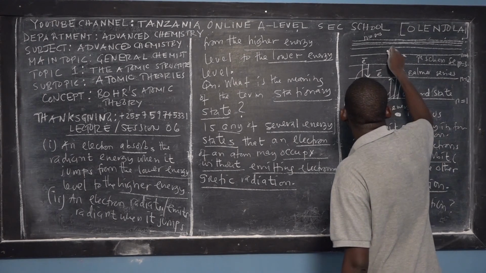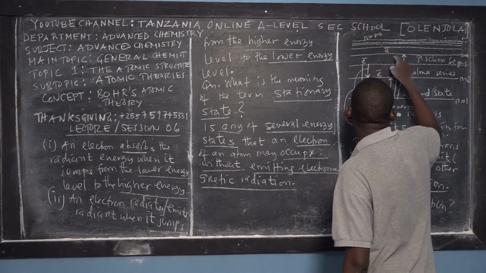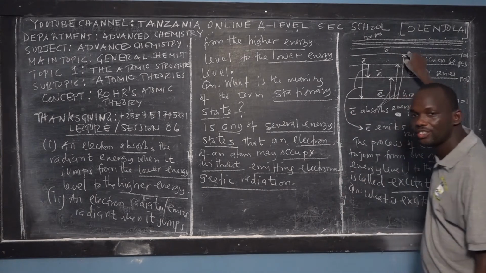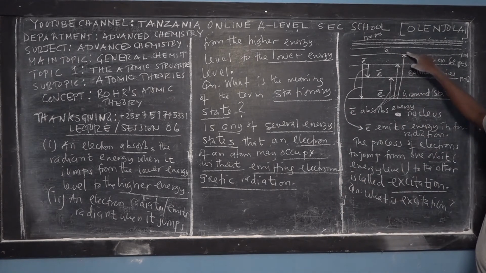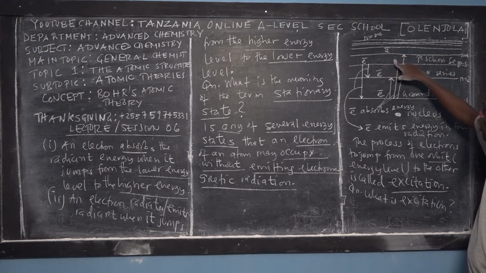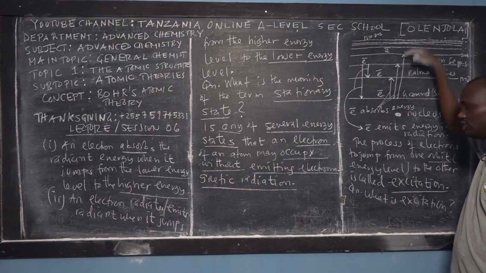Also, when we have electrons in the Brackett series, we call this Brackett energy level a stationary state if the electron orbiting the nucleus of an atom does not radiate electromagnetic radiation. That's how we say that this is a stationary state. So it's any of these.